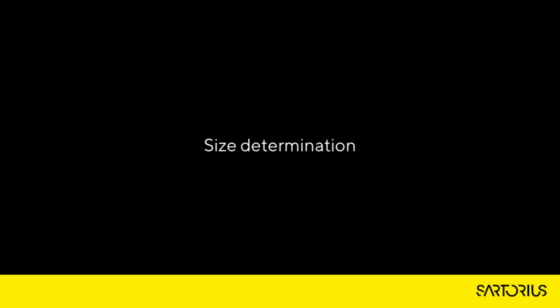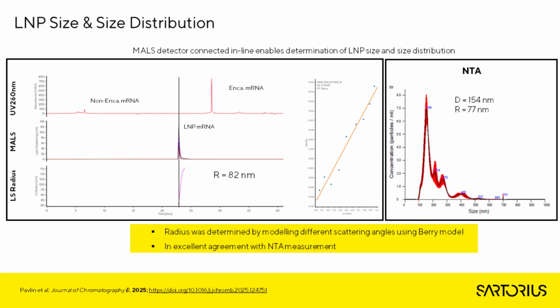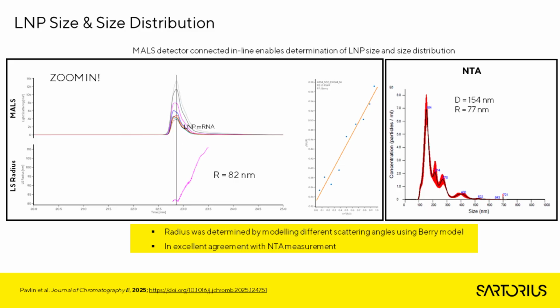Okay, let's go now to the second parameter regarding LNP Switcher, and this is size determination. In the same assay in which you can determine encapsulation efficiency, you can also simultaneously determine the size of the particles. As I mentioned before, our mass detector is capable of measuring 9 different light scatter angles at the same time.